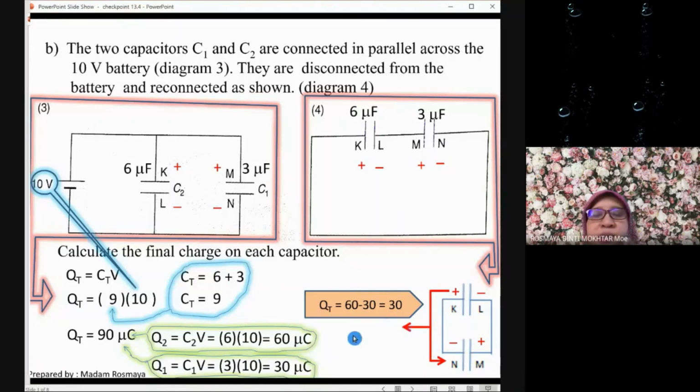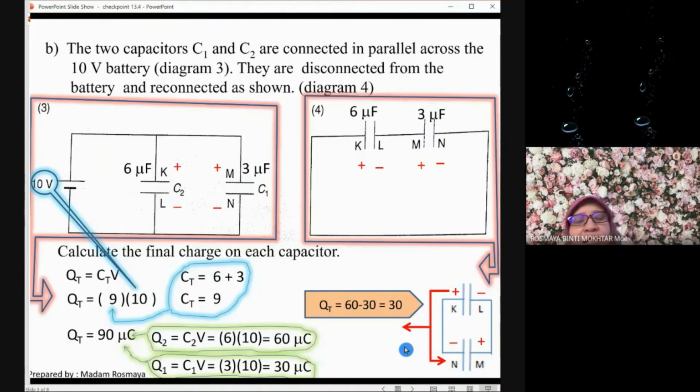It depends which is larger. So 60 on Q2 is larger, so that means 60 minus 30. If you connect the capacitor like this, the charge will flow out from this circuit, and only 30 microcoulomb remains.